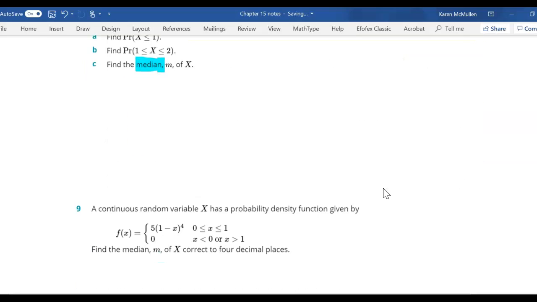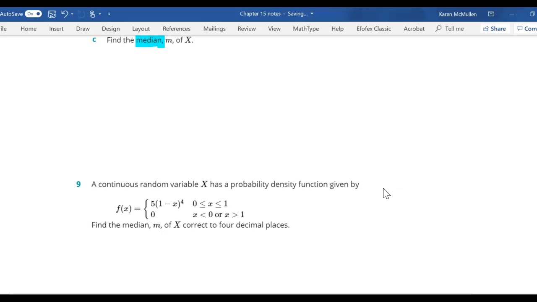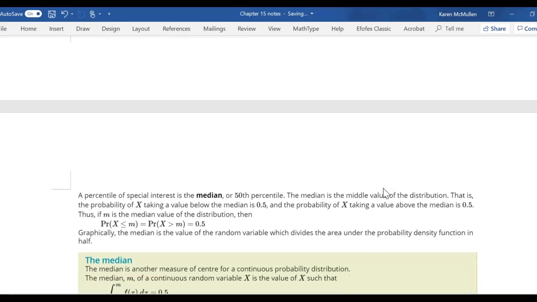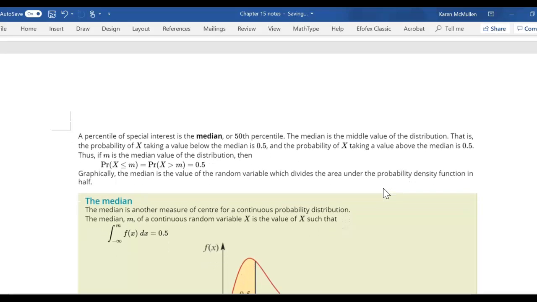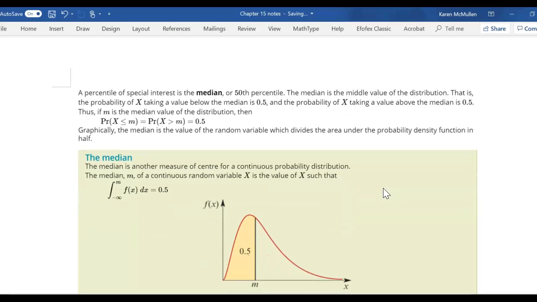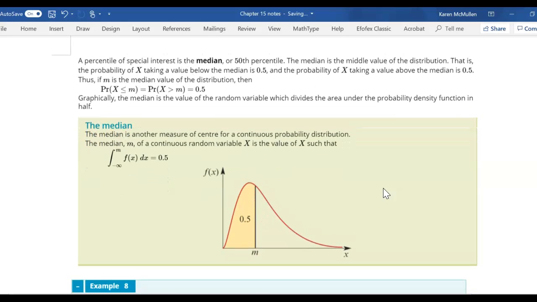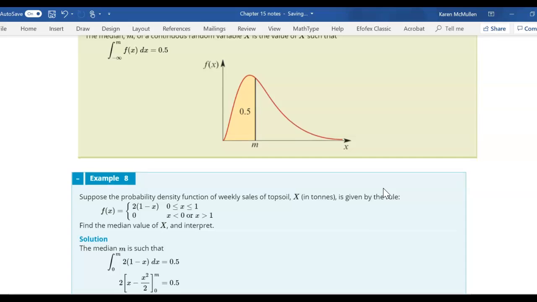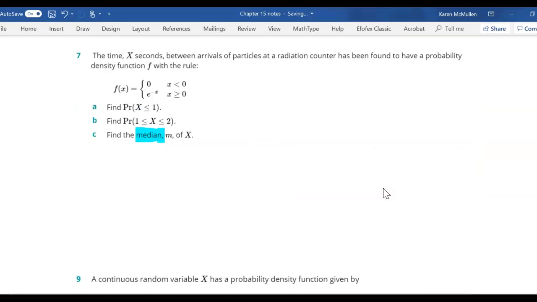And then we have to find the median. So I'm going to jump around with the theory first, and then we'll do those questions. And maybe I'll also show you that example before I do the questions.